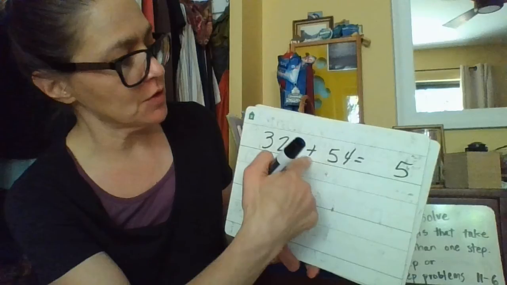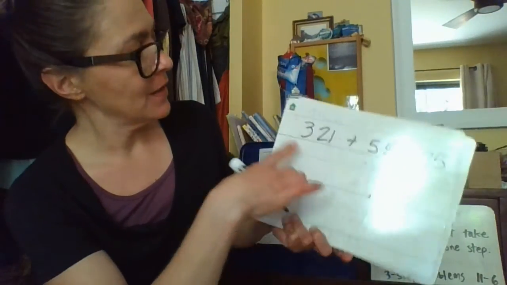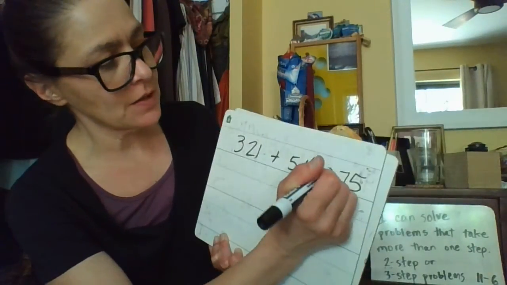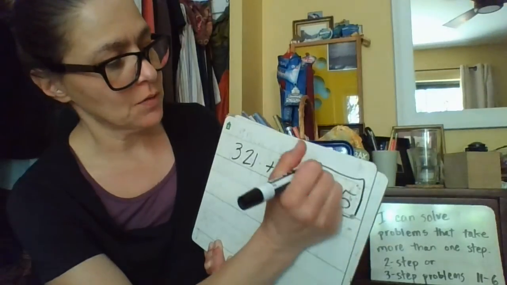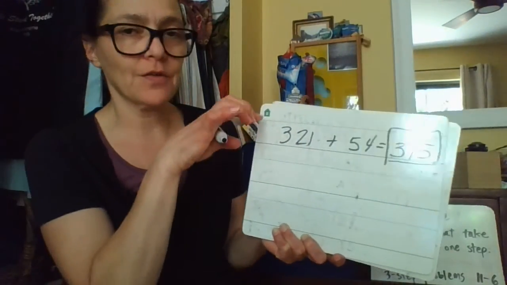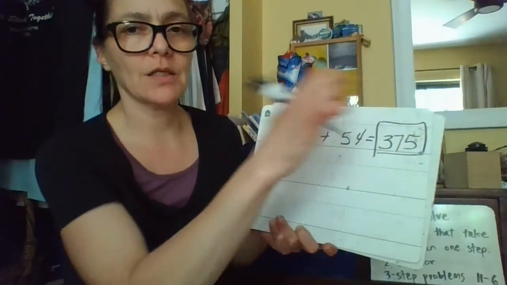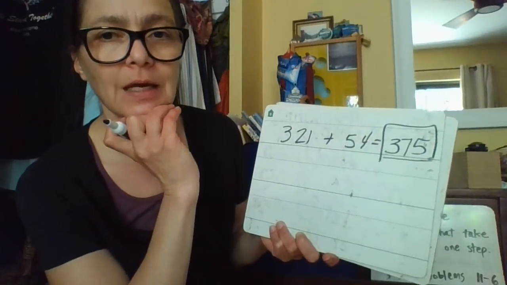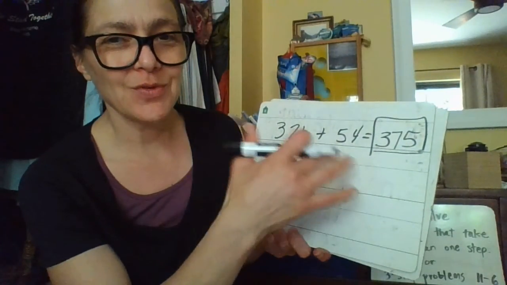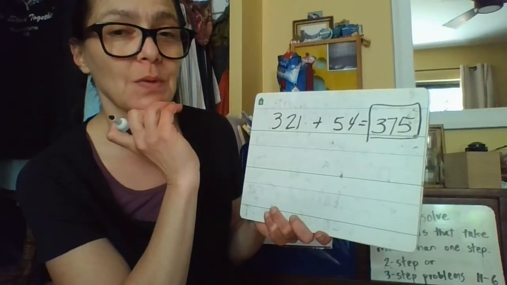And 20 plus 50 is 70, so now I have 75. And 300 plus 0 hundreds is 300. And so my total is 375. And that's a different strategy. That's called working across the numbers. Okay, most of the adults in your life probably do it that way as well.